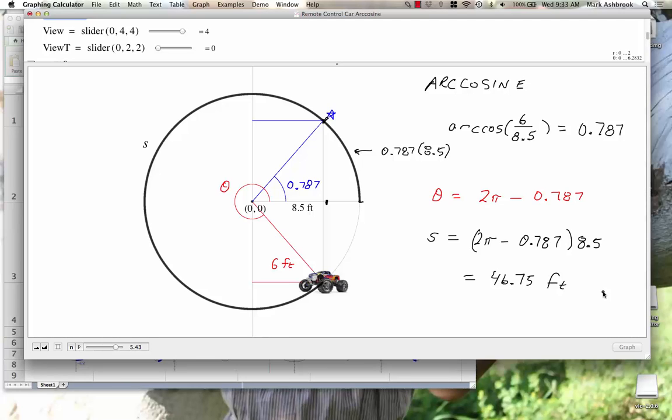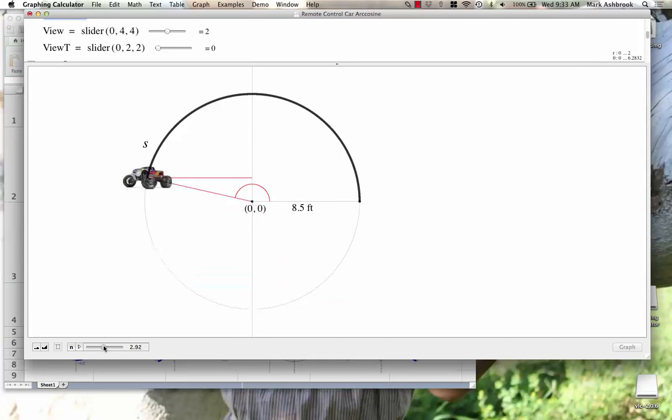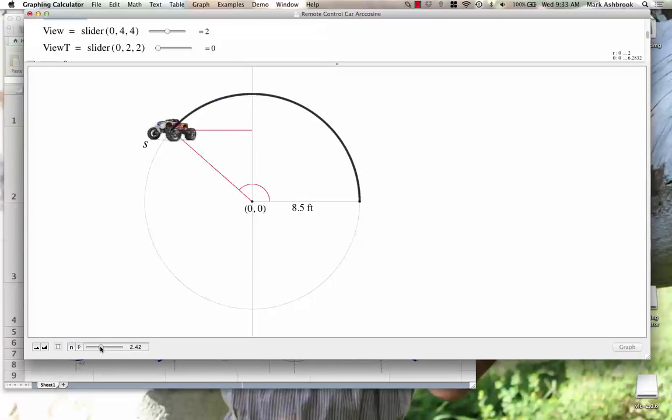What do I mean by that? In what quadrant does it hit 7 feet to the left for the first time? Second quadrant, right? Somewhere around there. Okay, so then what about the second time? Third. So right about there.